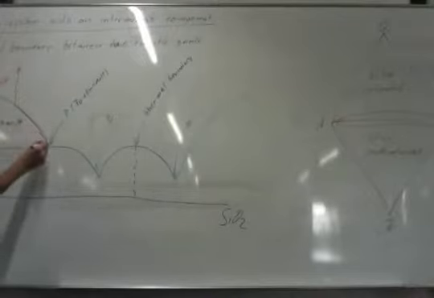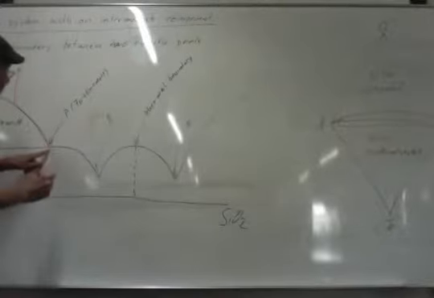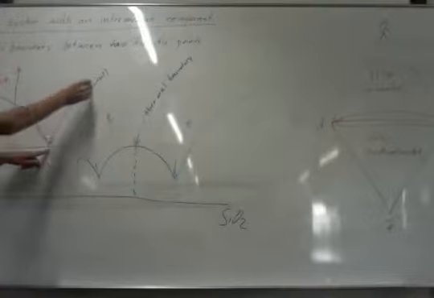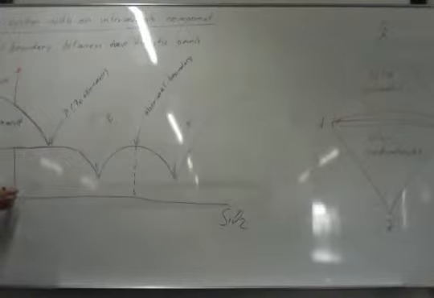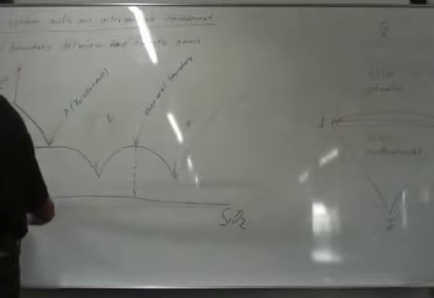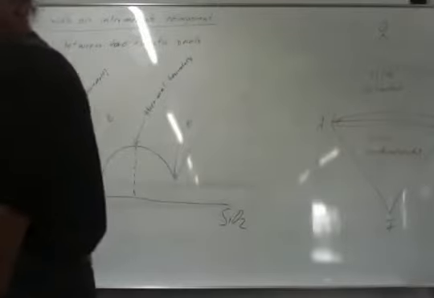Then we go down to the peritecticum. There we form enstatite from our forsterite and melt. Then we go down here, and then we have our MgSiO3, which is the enstatite.